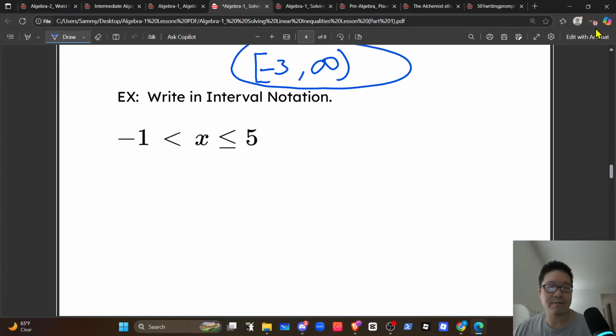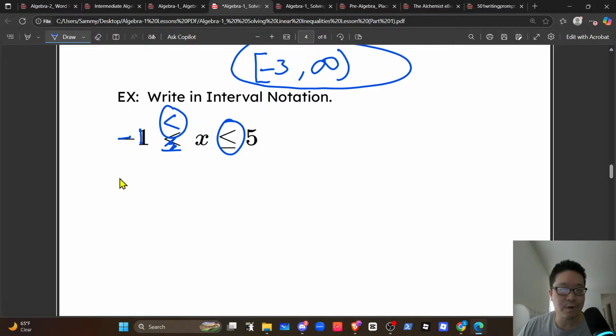All right, so here we have a compound inequality. With this one, anytime you see an expression that looks like this, where we have less than or equal to, it's basically talking about all numbers in between these two endpoints. And your small number always has to be on the left side, and your large number always has to be on the right.